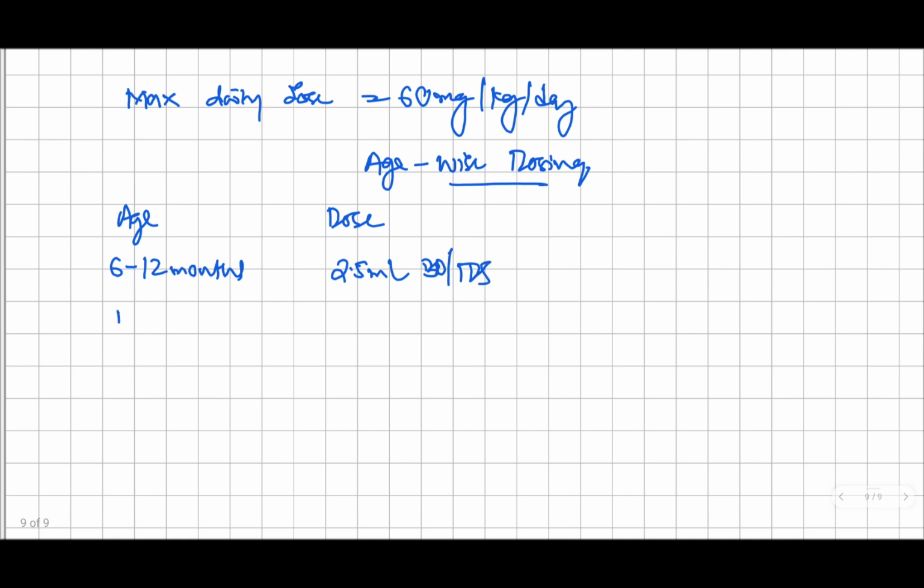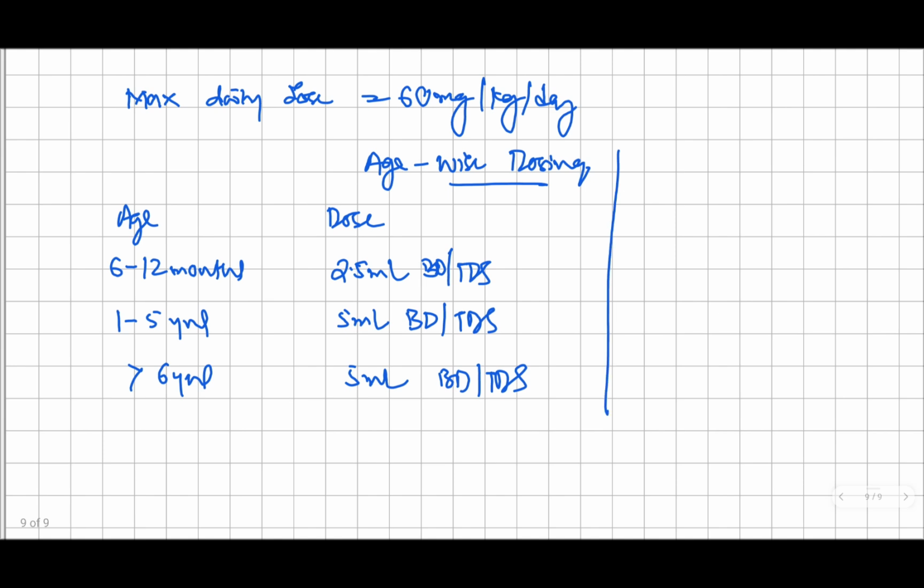Then for 1 to 5 years, 5 ml BD to TDS. For more than 6 years, again 5 ml BD to TDS. But remember, it's always better you calculate for each child. Fine.